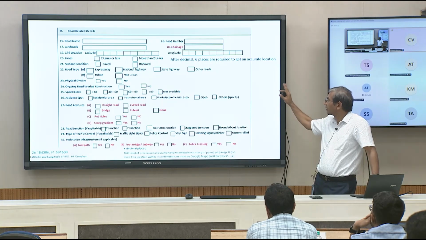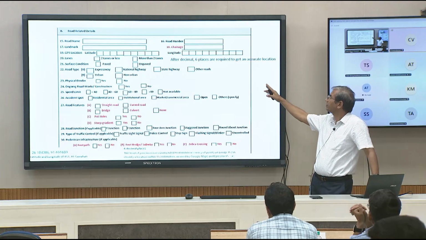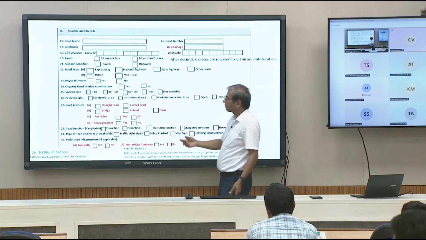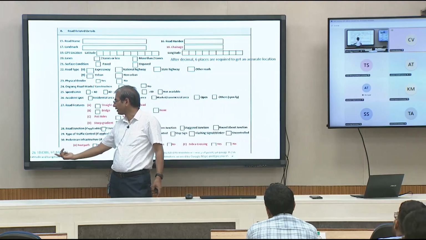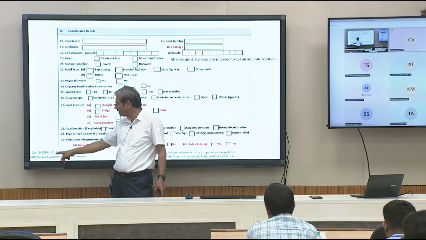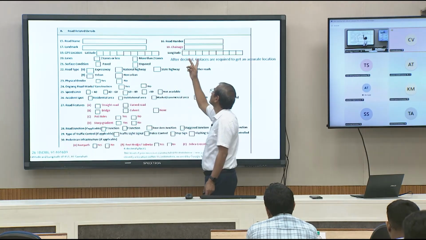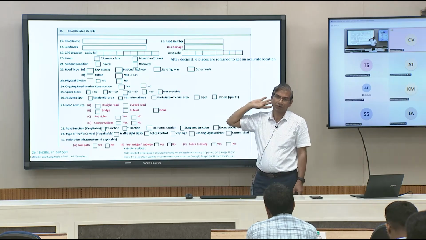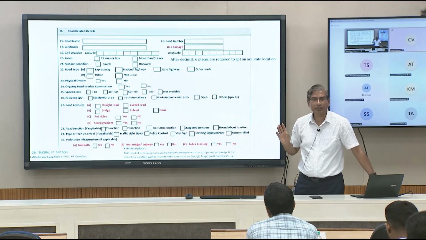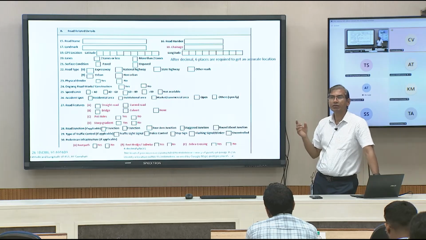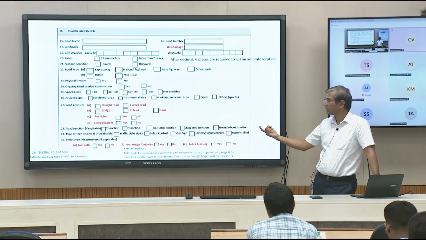And here, if you see, latitude longitude normally comes in this way. So here you have 2 plus 3 and then 6 more after the point. Here you will see 9 blocks, which assumes that you are going to put the GPS location up to 6 positions after the decimal.